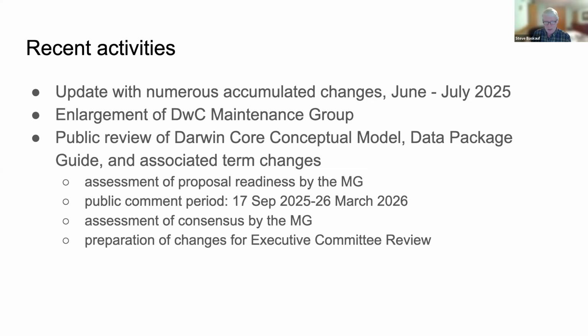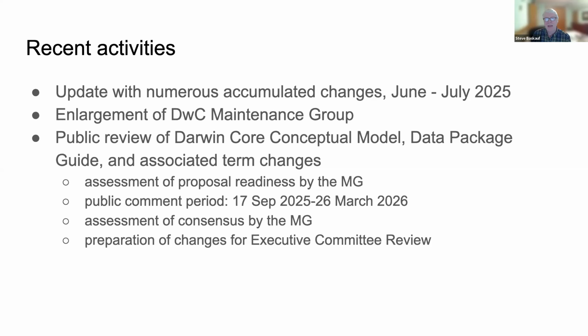At the end of the public comment period, then one of the key functions of the maintenance group was to look at the comments and to determine whether a consensus had been reached on all of the parts of the proposal. So basically, during the comment period, if there was a situation where it didn't look like consensus was possible, then part of the proposal might be dropped out, or parts of the proposal would be modified until there was consensus.